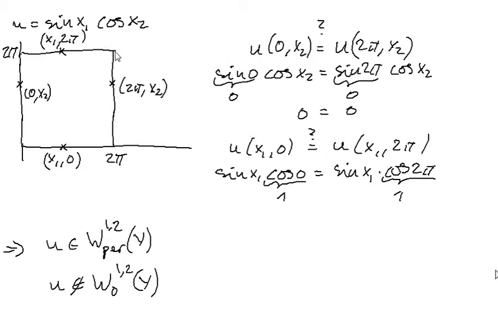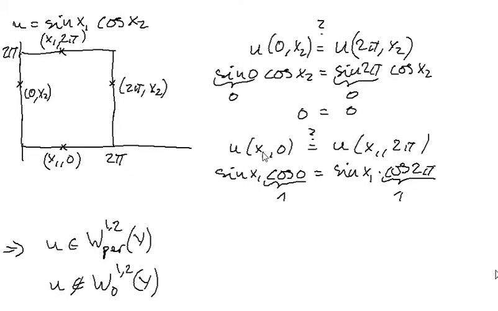It may also now be the case that it's equal to 0 on this boundary. If that is so, then the function is not only periodic, but it's also a member of W0. But this we must check. Well, we now consider a point here, and we are going to consider whether u is equal in these two points.